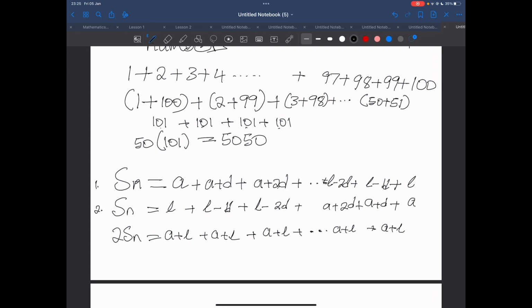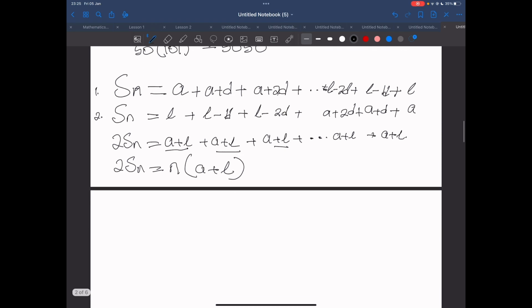So in other words, we will conclude by saying 2 S_n will be a number of a plus L's. We don't know how many terms we are adding, so we just say it will be n of them, depending on how many terms we want to add. So it will be n of a plus L.